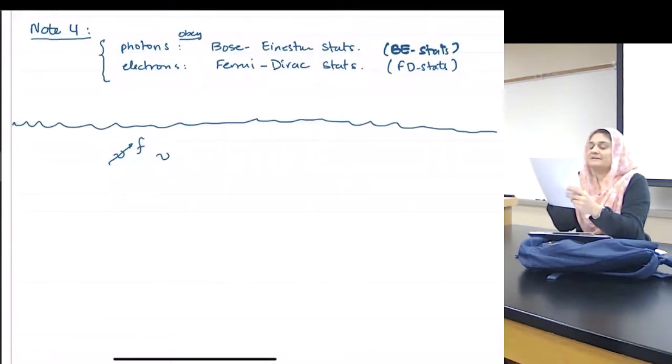So 10 to the minus 16 meters for a wavelength is very tiny, which means smaller wavelengths should have the higher energy. Got it? And so now look at what it says for the type of photon it is. Gamma rays. So gamma rays have very, very small wavelength, but very, very high energy and also very high frequency.